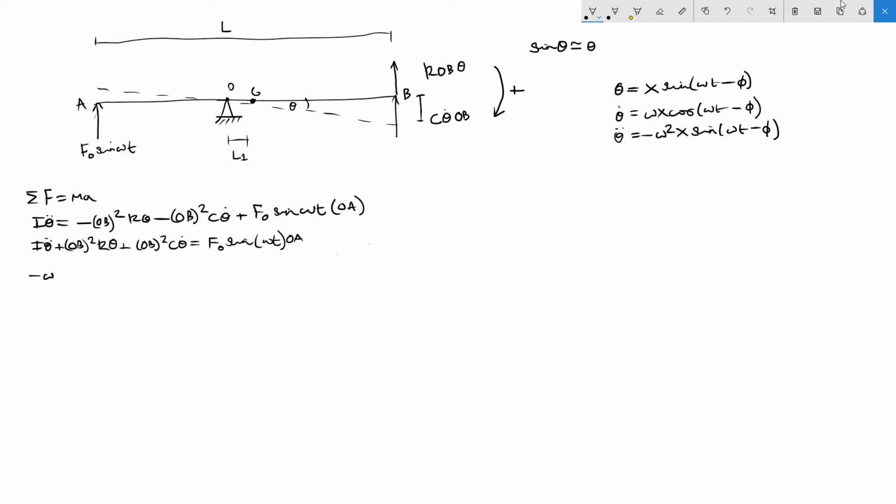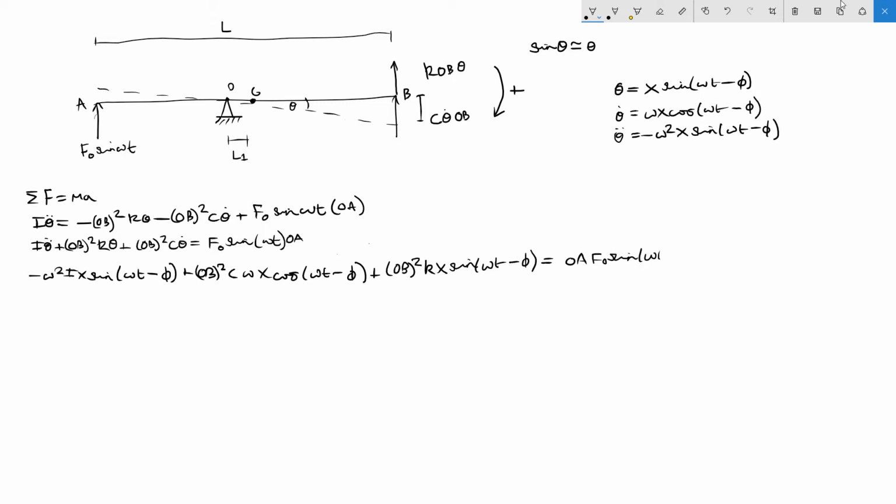So what we're going to have is minus omega squared I x sine(omega t minus phi) plus OB squared c omega x cos(omega t minus phi) plus OB squared k x sine(omega t minus phi), and that's equal to OA F naught sine omega t.